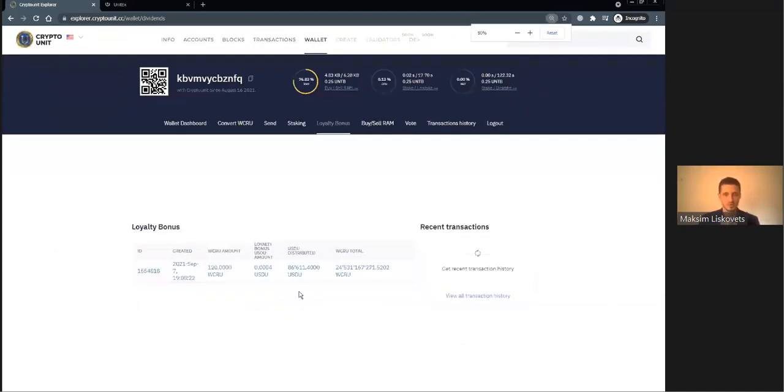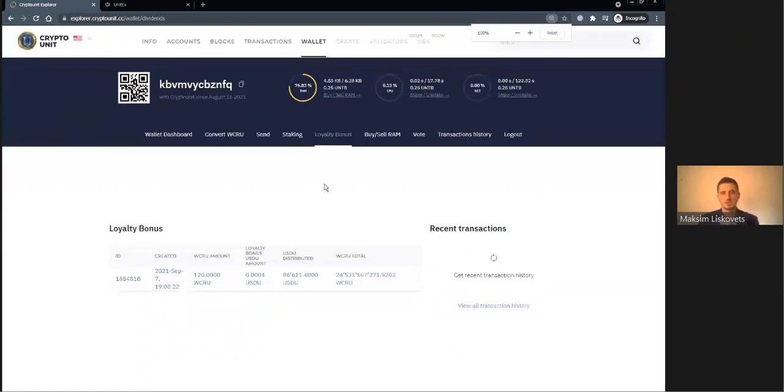Well, of course, the more WCRUs you have, the bigger your income is going to be. But I just wanted to show you that this page shows you the return on your World CRU, but this is loyalty bonus. It's just for being a partner of this company.